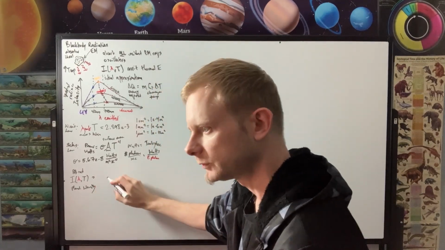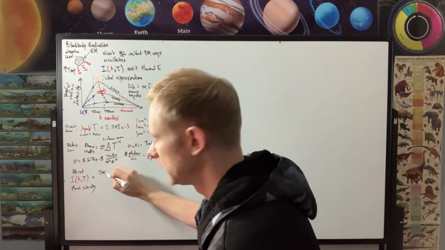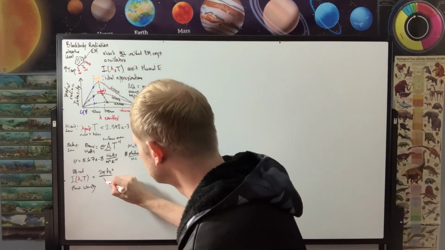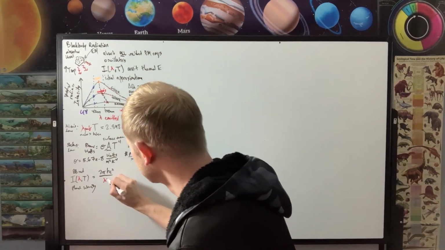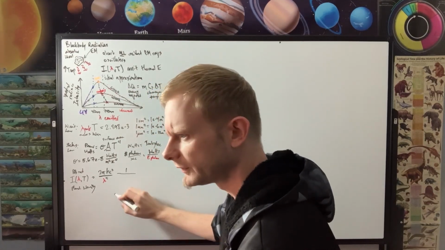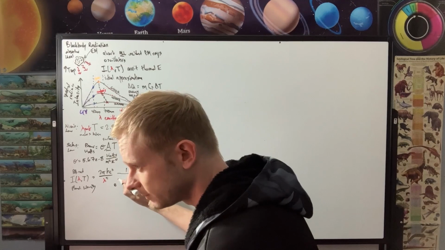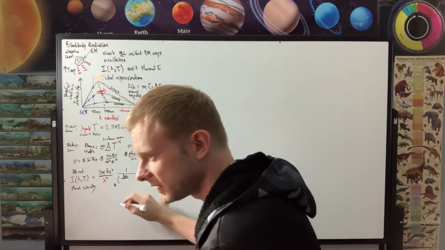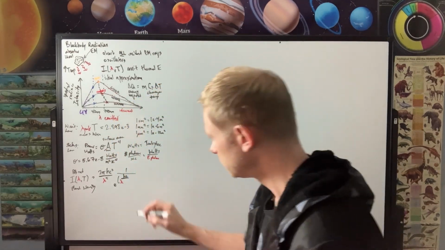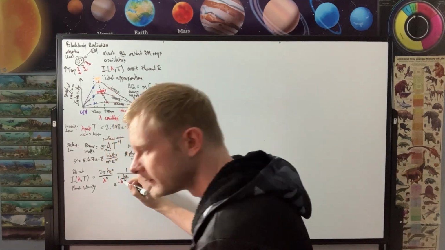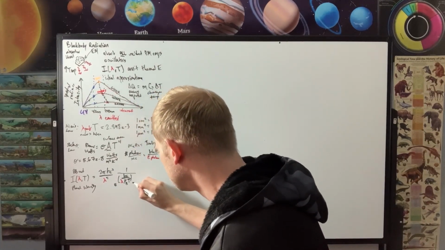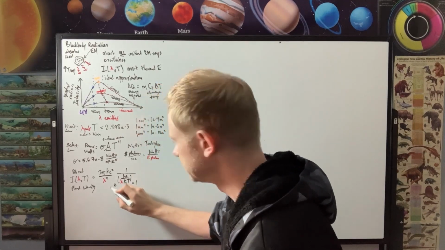So that's going to be equal to 2 pi hc squared divided by lambda to the 5th power, times 1 divided by e to the power of hc divided by lambda times the Boltzmann constant times the temperature, and then we have to subtract 1 from here, and this is all in a little bracket.